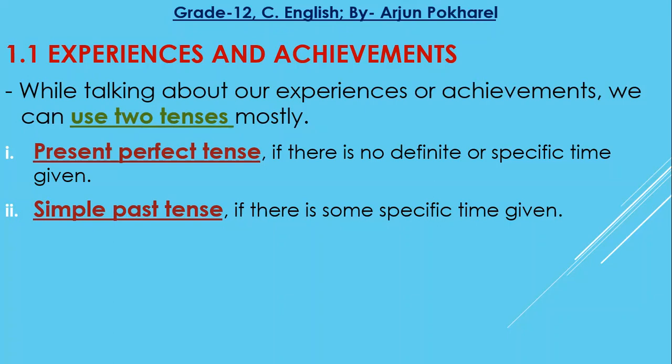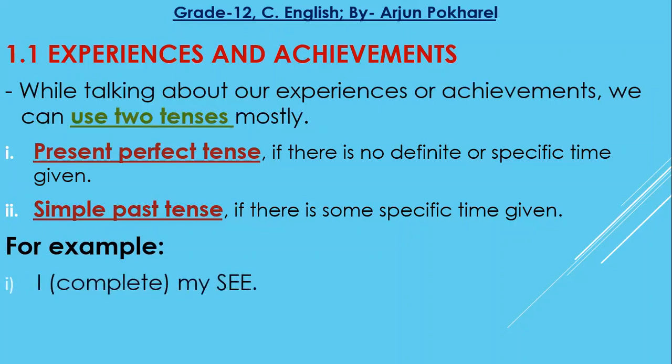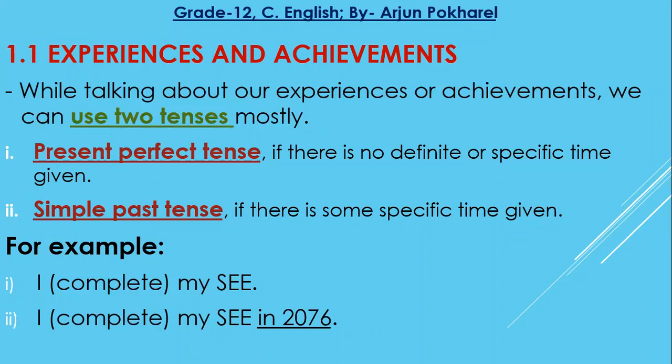In this way you can use two different tenses while talking about your experiences or achievements. For example, let's say: I complete my SEE, and I complete my SEE in 2076. In the first example, you have to use present perfect tense.